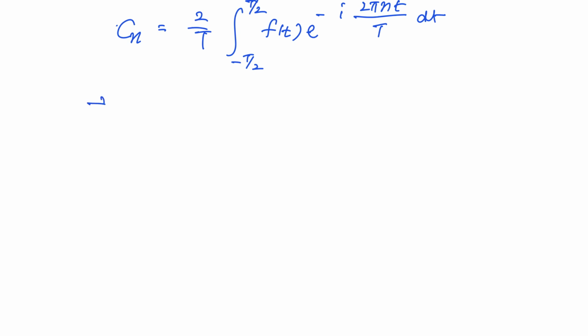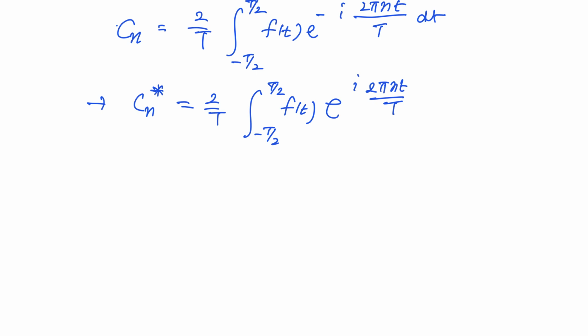So from this, if we take a complex conjugate, what do we get? 2 over T, f(t) exponential plus i, right? 2 pi n t over T dt.